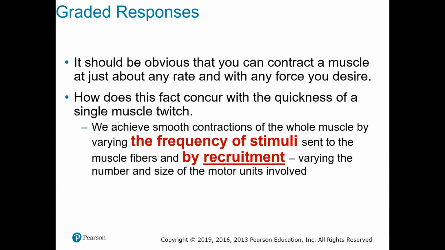We alter how often we stimulate the muscle cells. We aren't even thinking about it. What we're saying is, I want to pick up my phone and put it back down. Well, we didn't stop to think, okay, I need muscle cells 500 through 3000 on the brachioradialis to pick that up and put it over here. We don't have to do that.